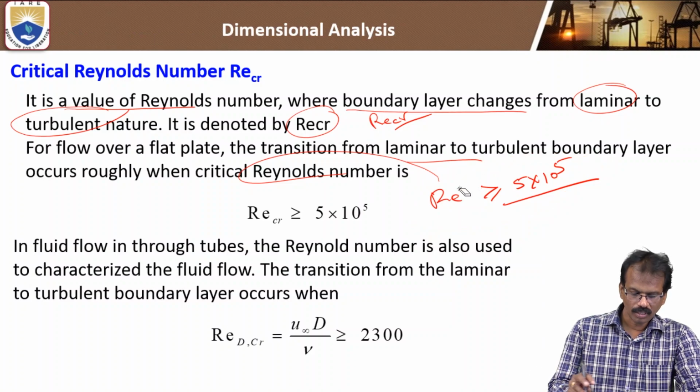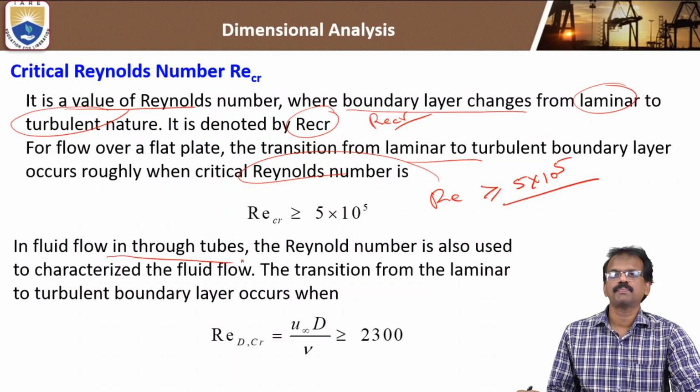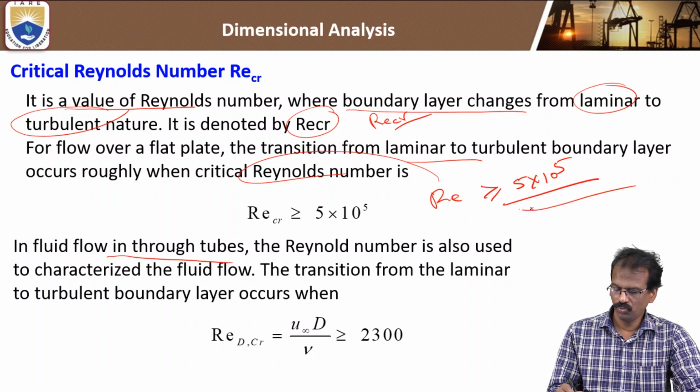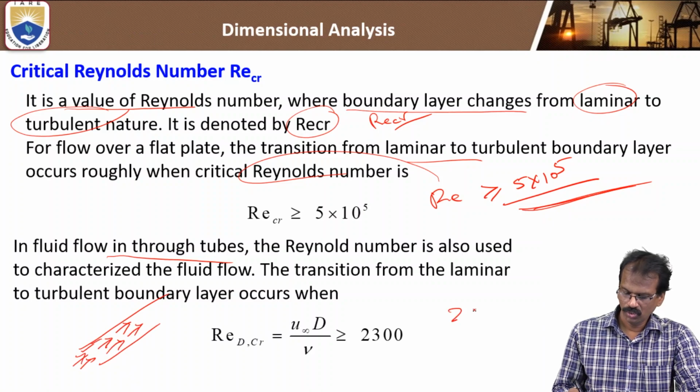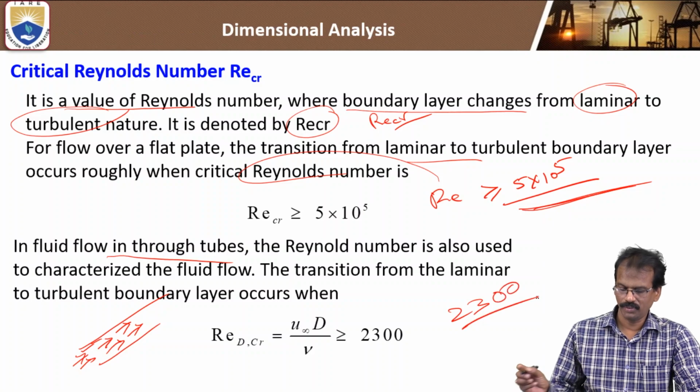So in fluid flow through pipes, unlike the fluid flowing over a rectangular plate, if the fluid flows through circular pipes, the critical Reynolds number value is equal to 2300.